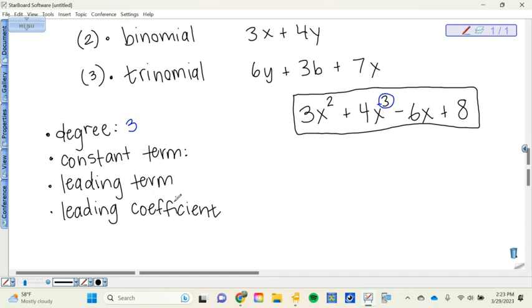The variable changes. So we have 3 terms with a variable and 1 term without the variable. Which term doesn't have a variable? The 8. That's our constant term. When we talk about a constant in math, it's just a regular old number, plain number, no variable attached to it. So 8.